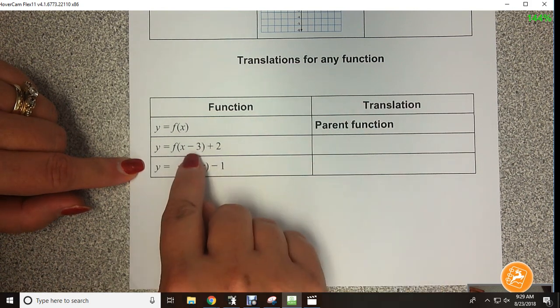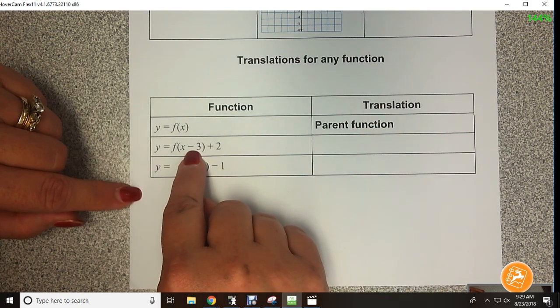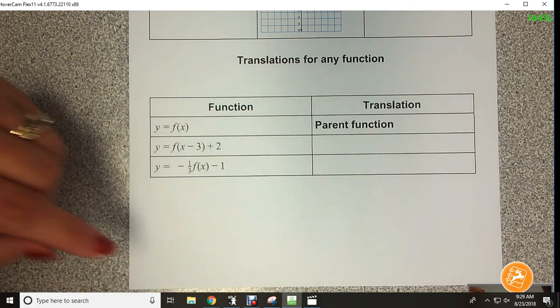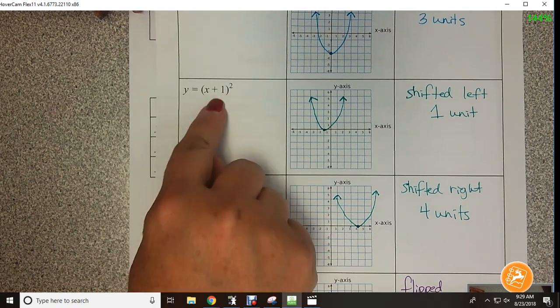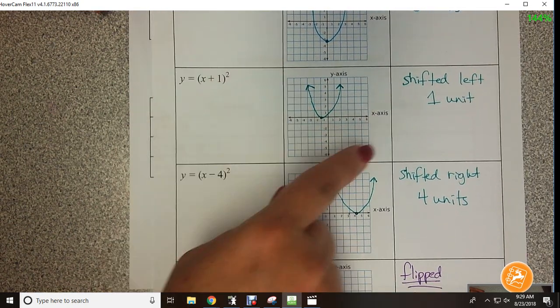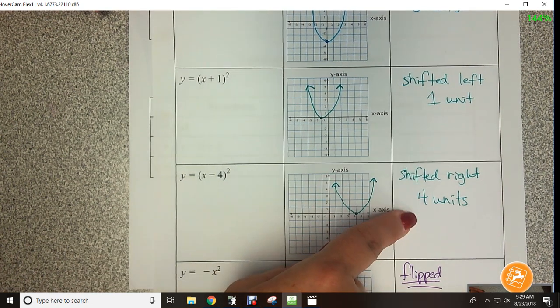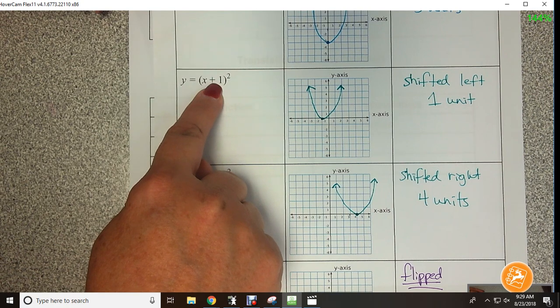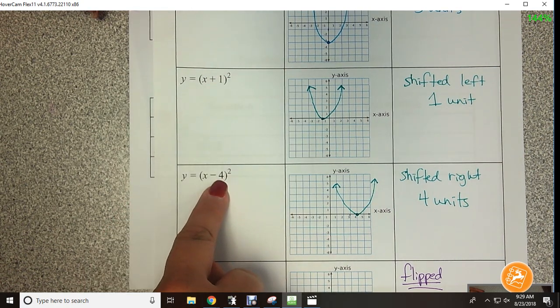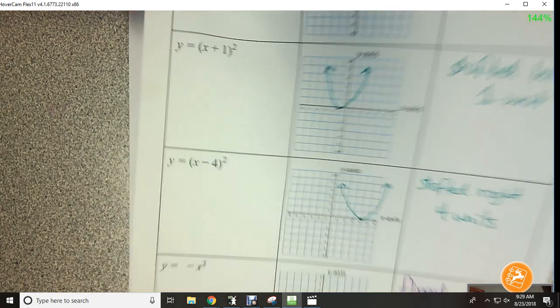So now, when I put a number inside, remember that it either went left or it went right. When it was a positive in here, I went to the left, which seems backwards. When it was a negative, I went to the right, which also seems backwards.